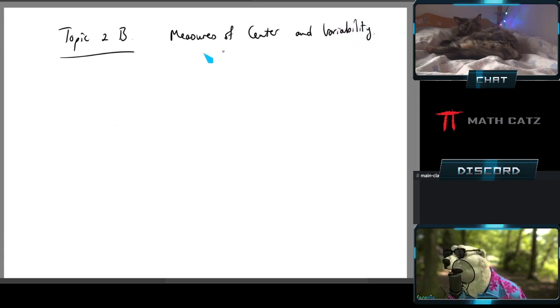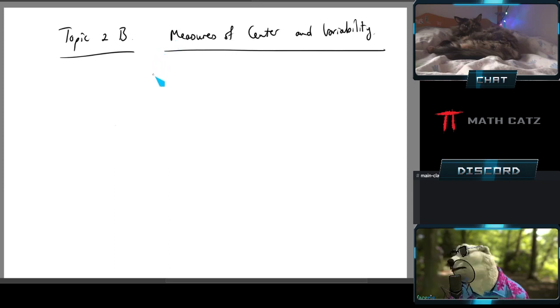Now, in the previous video, 2A, we acquired the knowledge for how to calculate a number that represents the two key properties of my distribution coming from a set of scores.